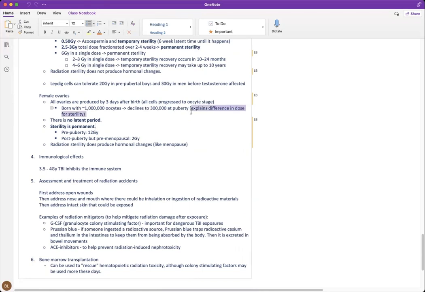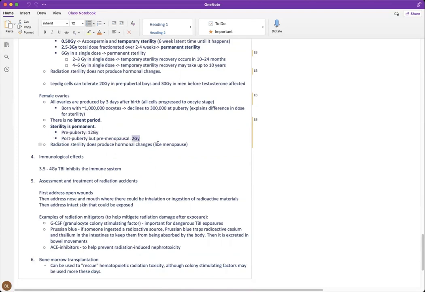And this explains why there's a difference in how much dose you need to give before a female is sterile. If it's pre-puberty, the dose is 12 gray to cause sterilization. But if it's post-puberty and premenopausal, the dose could be as low as 2 gray.